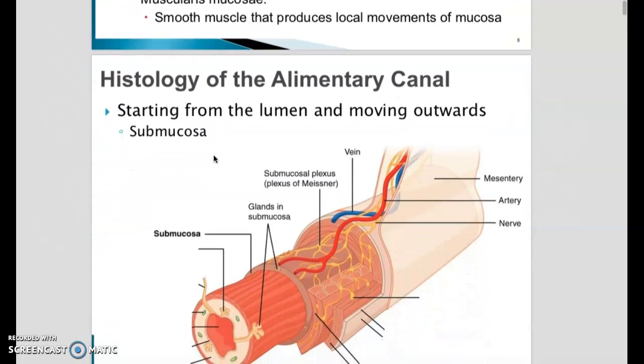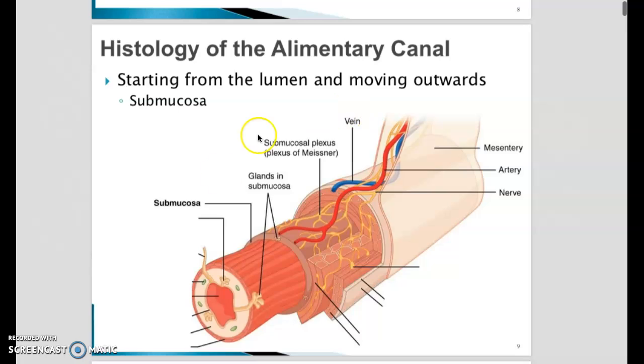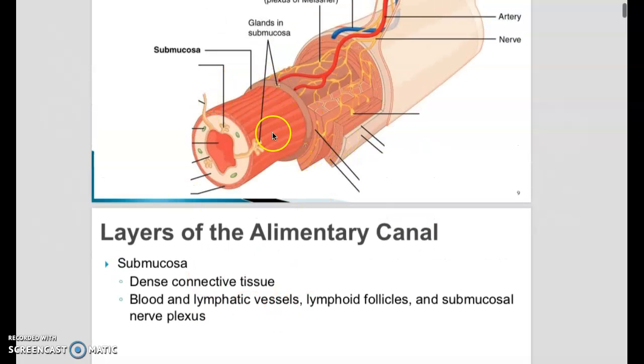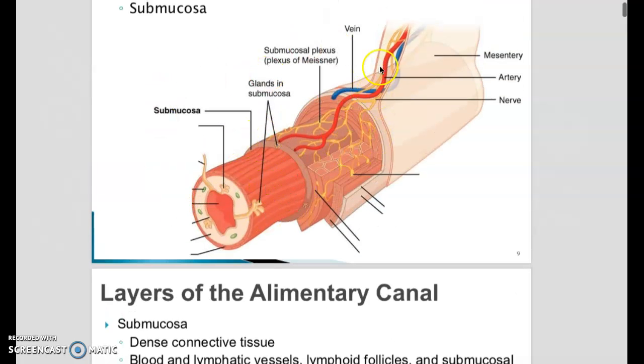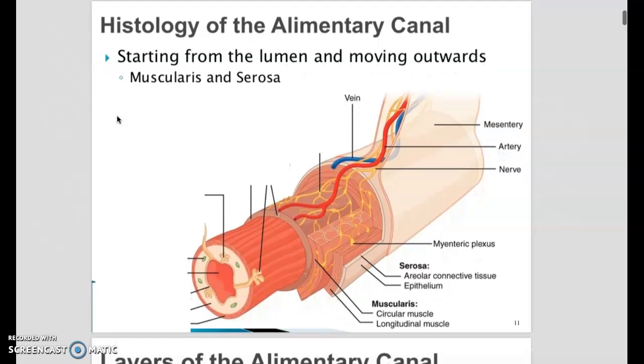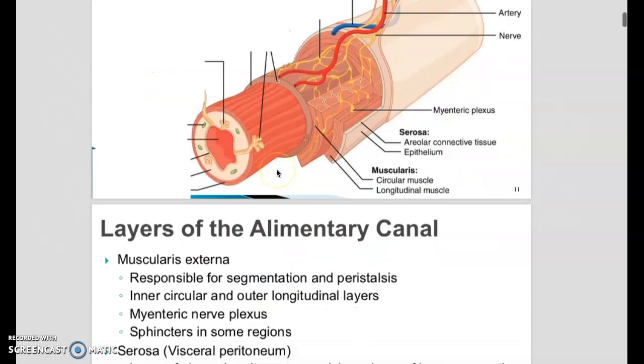Then we go to the submucosa, which is right over here. It's a dense connective tissue, and it contains blood and lymphatic vessels, the lymphoid follicles, and the submucosal nerve plexus. Since we saw those two, we're going to look at the muscularis and serosa.